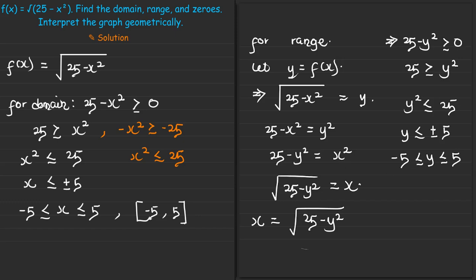But this is where we have to analyze what we are doing. Looking at the domain, the x values give us a range of negative 5 and 5 inclusive. So this is to tell you that even if you have a negative value of x, you are still going to get a positive value of y, because at the end of the day we square it.